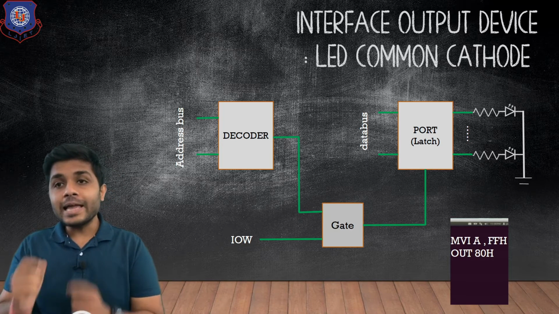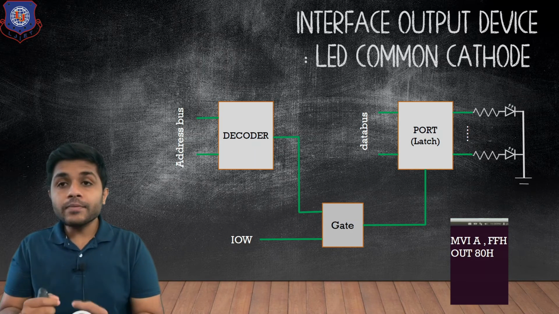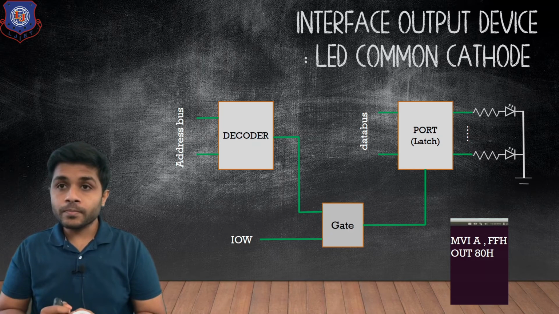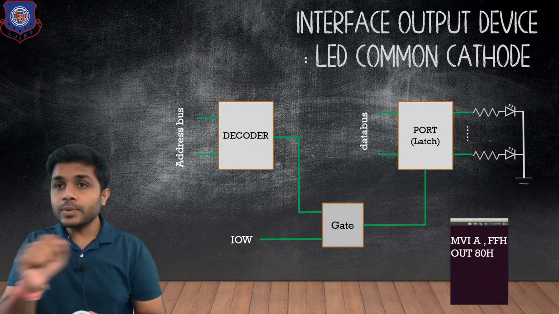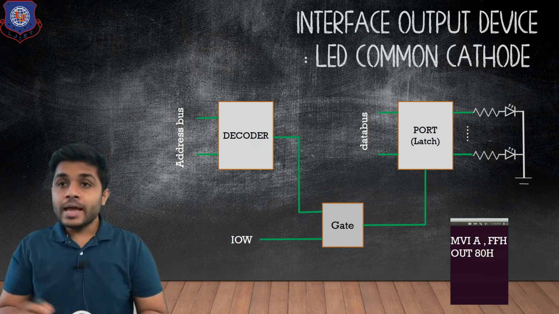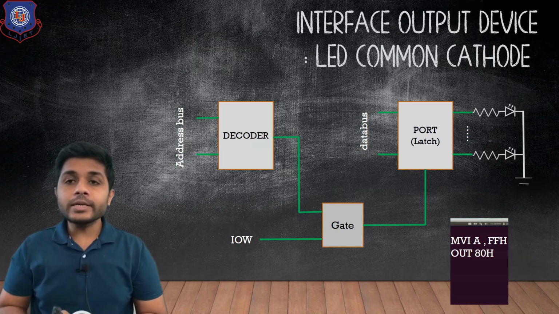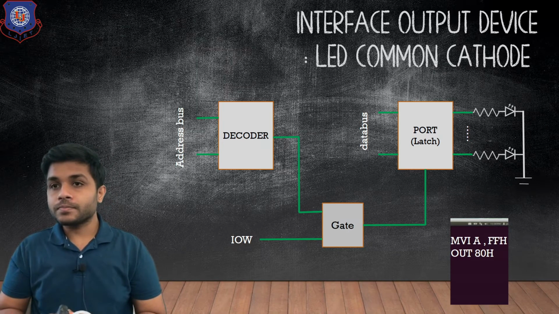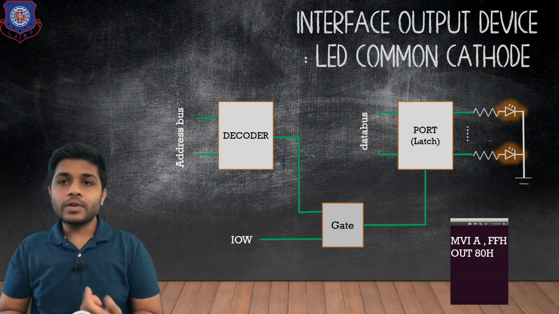Now because the LEDs are connected in the common cathode configuration, whenever we send one to an LED, this LED will glow. So if you convert FFH into binary, you will get all ones. And if you send all ones to the 8 LEDs connected to the port, all these LEDs will glow. So when this program is executed, all the LEDs will glow.